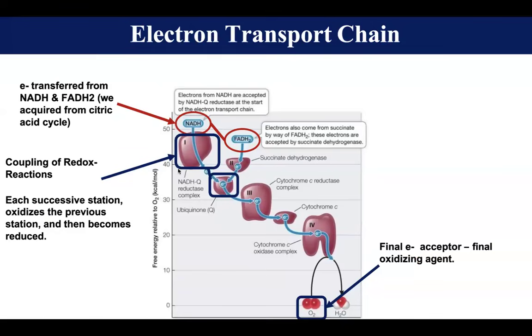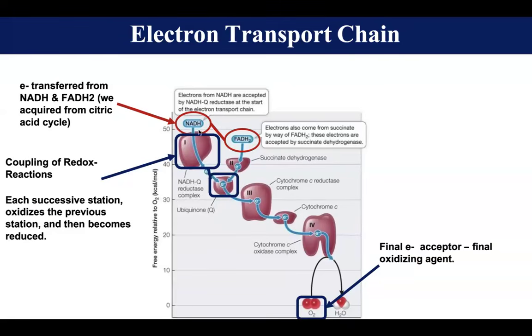At the start of the electron transport chain, your reductase complex accepts electrons from NADH, and then these electrons essentially get passed down. There's a coupling of redox reactions that occur in each station. Each station oxidizes the previous station and becomes reduced. So the electrons get accepted in a downwards fashion through each substation.